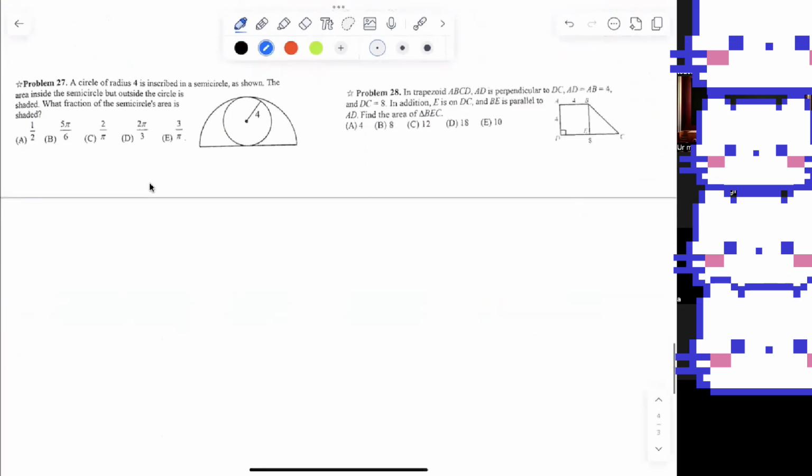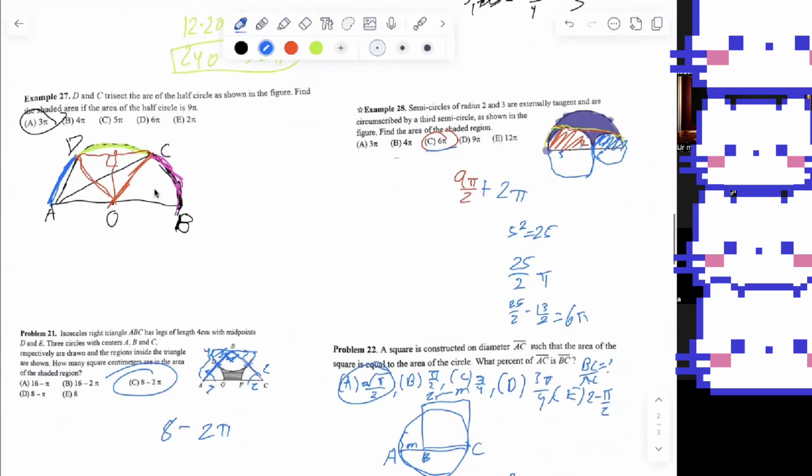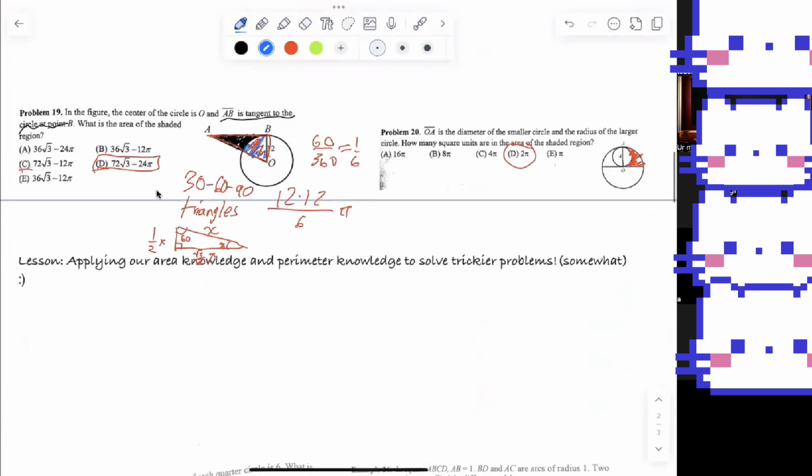For what we use today, make sure you understand how to bisect a figure and split it in half. For example, in this figure, we can rearrange the pieces that we don't like, where we don't know how the areas are, and then from there, we can quickly find the areas.